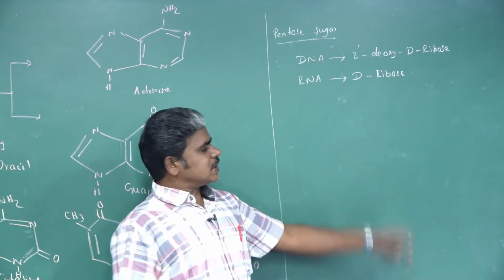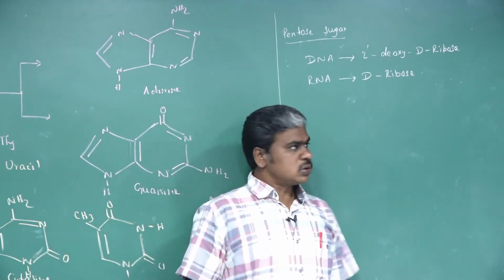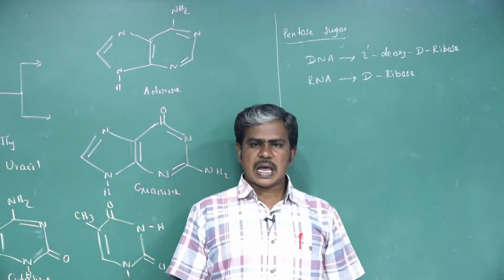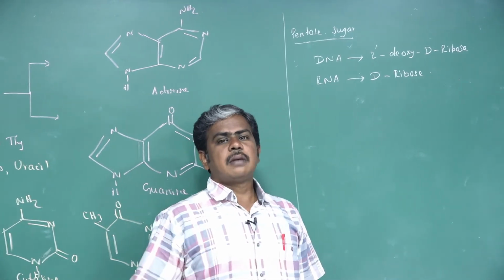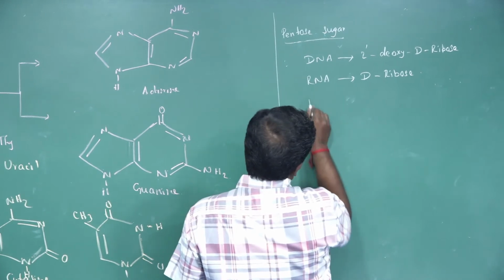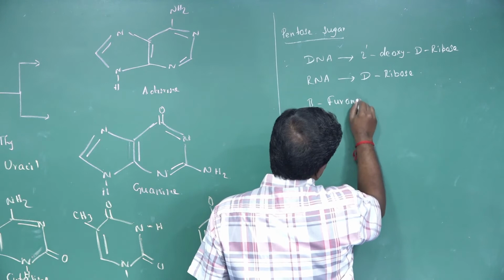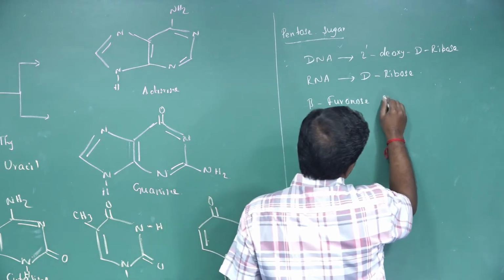In both cases, 2-deoxy-D-ribose in DNA and D-ribose in RNA are in the beta furanose structure. So both are in beta furanose structure.